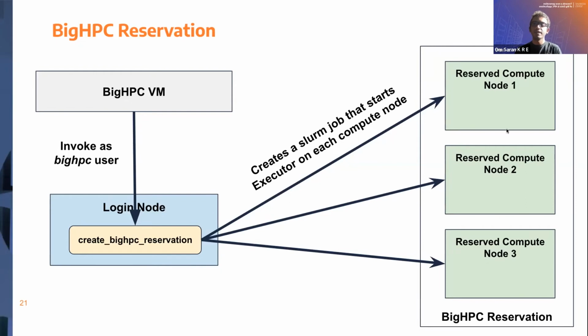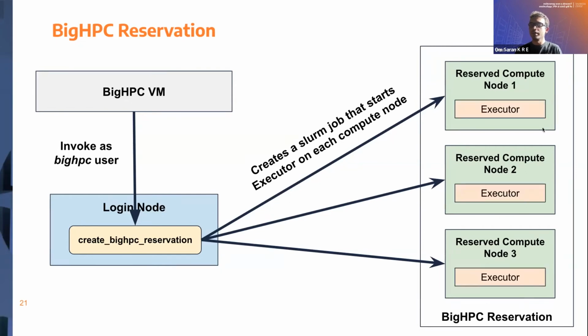As we saw in the previous slides, the compute nodes require the executor service. So this is how a BigHPC reservation is done. This reservation mechanism allows not just integration with Slurm, it also allows integration with other workload managers like PBS.